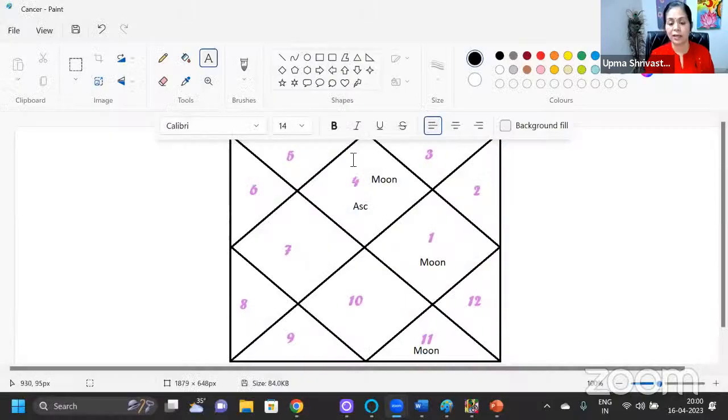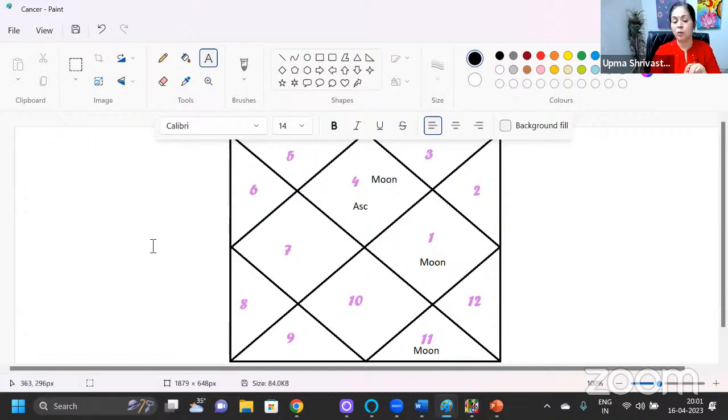So let's say in this first house, number 4 is written. So what we will say, your ascendant sign is Cancer and the moon is also there. So the ascendant and moon sign are both Cancer, and the Cancer lord, the moon, is also here. The moon indicates emotions. So because of this ascendant moon in Cancer, this person will become too emotional and will take decisions based on emotions.